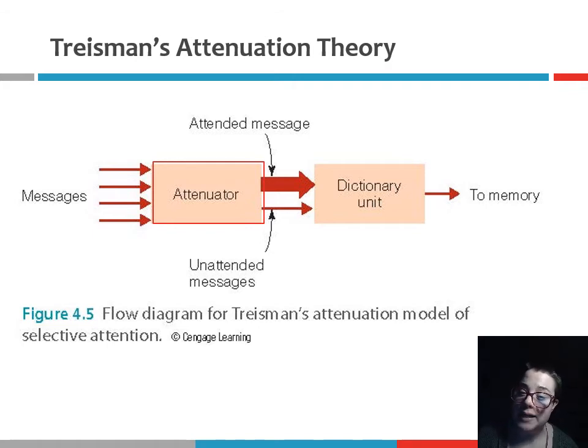She was basically operating under the assumption that the most efficient attentional system would allow for the possibility that we could notice or attend to information in the unattended channel, but that the most noticeable or easiest to detect information in the unattended channel should be information that's important to us.